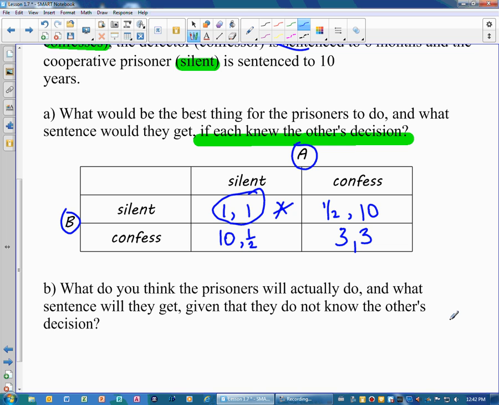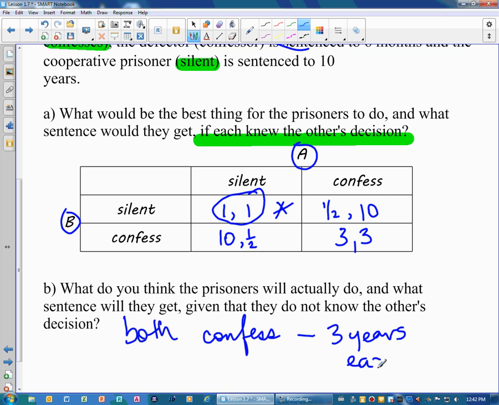I think that they probably would rat each other out. I think that they know that if they are the person that confesses, they only get half a year. I don't think that they're going to trust each other to stay silent and get that 1 year. So I think what's going to happen is that they both confess, getting 3 years each.